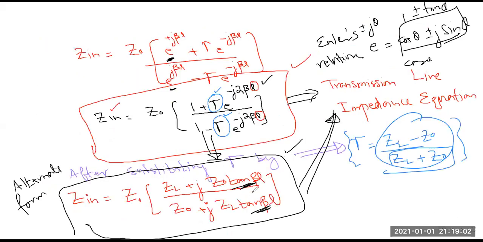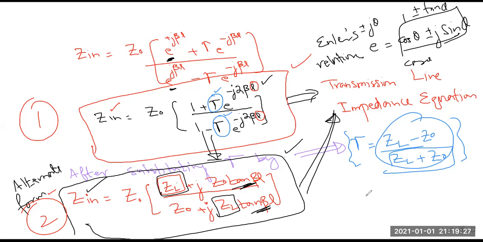Now, input impedance equation, as I mentioned, you can either make use of this equation or you can make use of this. Let me use equation number 2. So if you put ZL equal to 0 in this original expression, it is a very straightforward equation, so just replace ZL by 0 and find out what you will get.